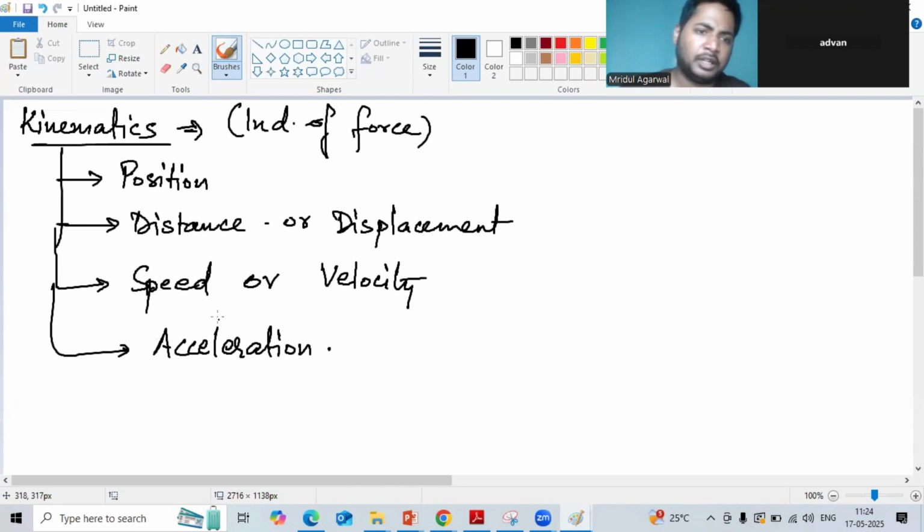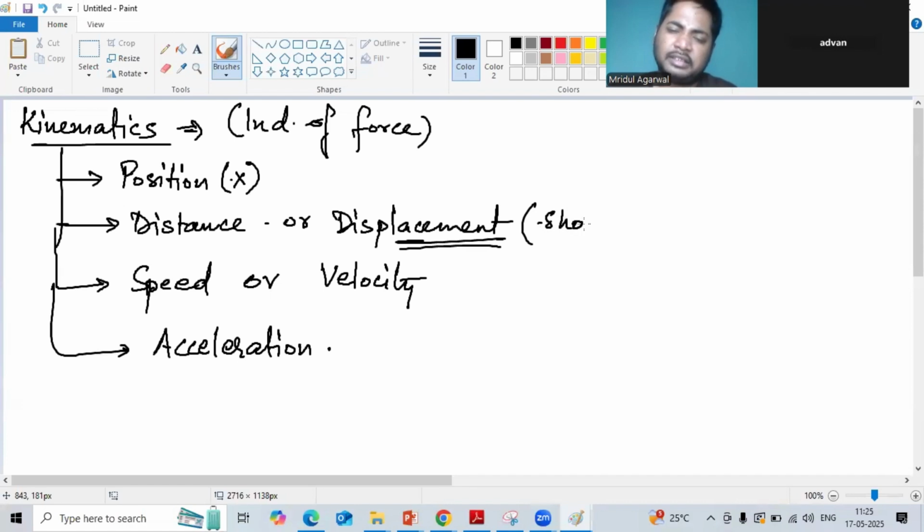Now, if you talk about the position, position is defined in x. When you have a change in the position, you get the displacement. It is the shortest path, so remember that shortest path from initial to final position. And distance is given by what? That is the path length covered.